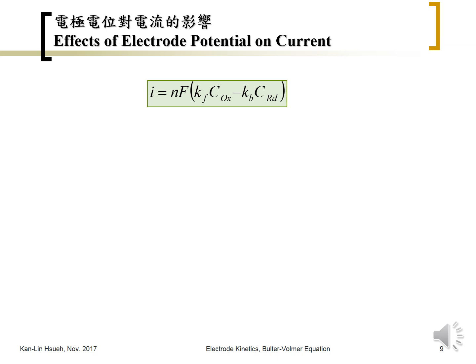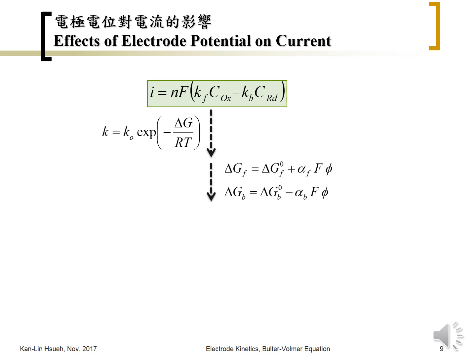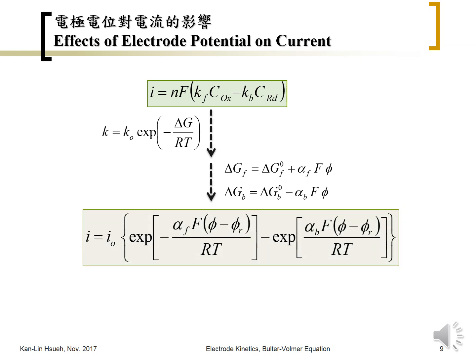So from here we summarize. For the reaction rate of a simple redox reaction, considering reduction and oxidation, by substituting the Arrhenius equation, and also considering that the electrode potential will affect the free energy in the Arrhenius equation, then we can simplify this into what we call the Butler-Volmer equation.